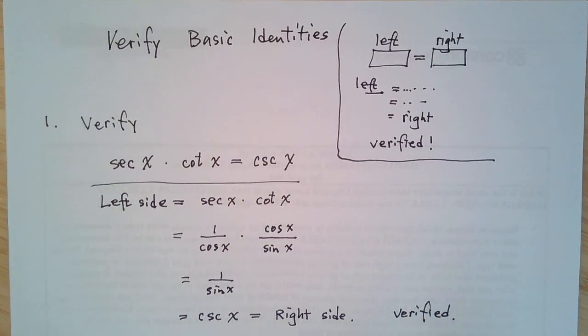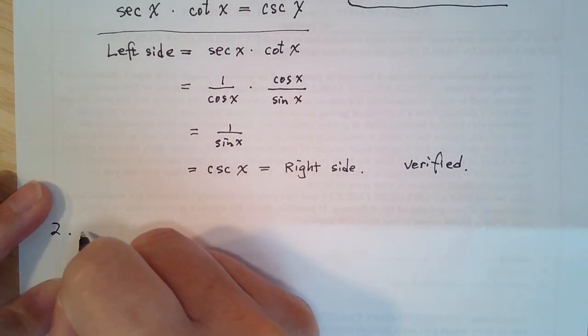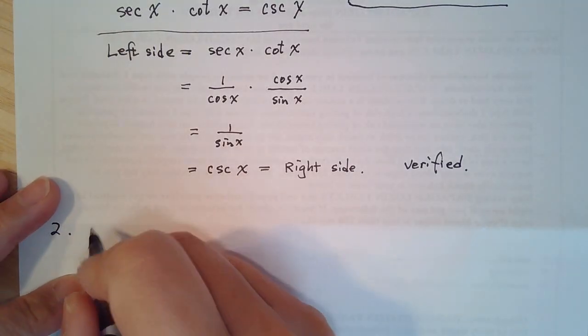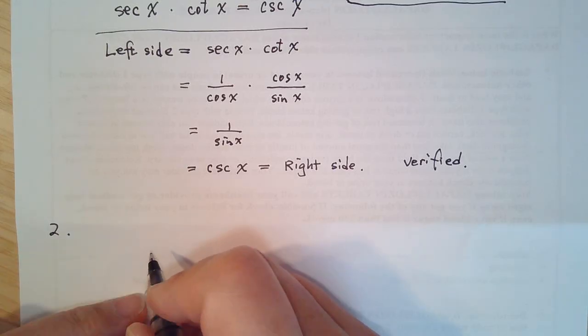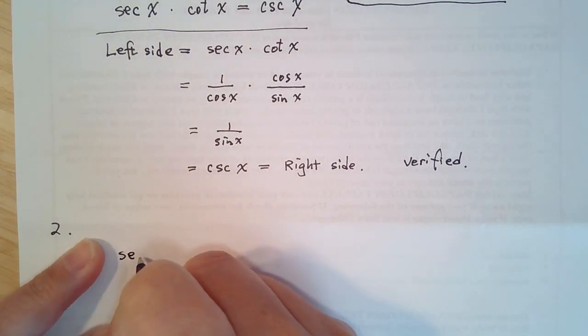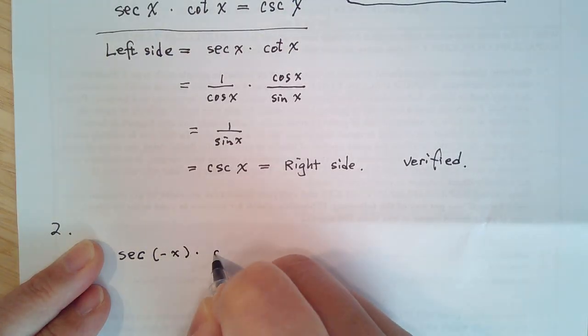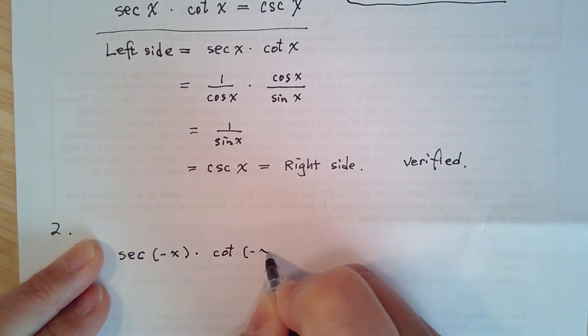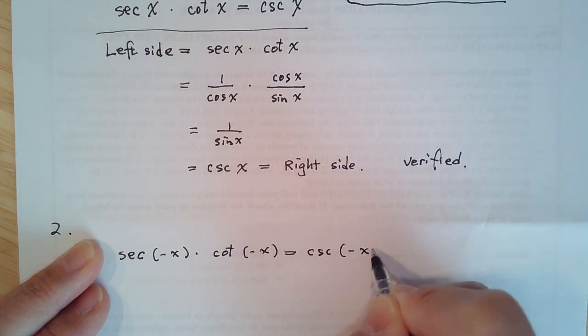This is very simple. Let me do number 2. I'm also verifying; I'm just lazy, I just tell you, I need you to verify that secant of negative x multiplied by cotangent of negative x equals cosecant of negative x.